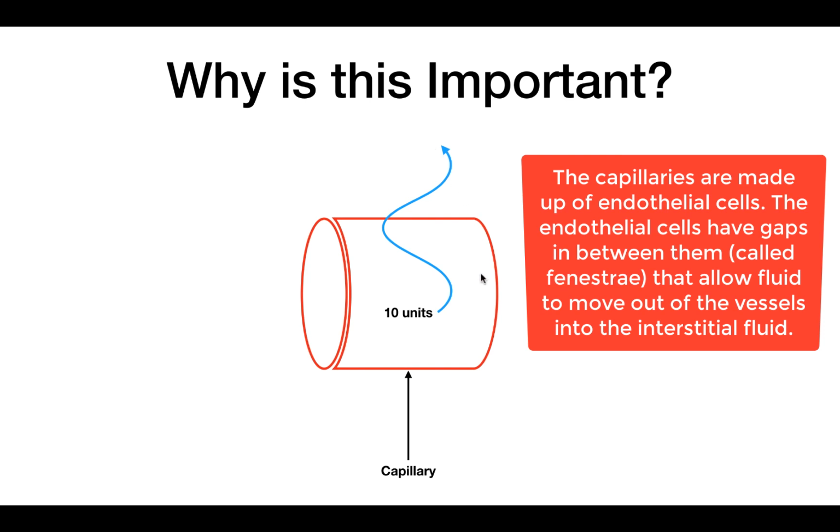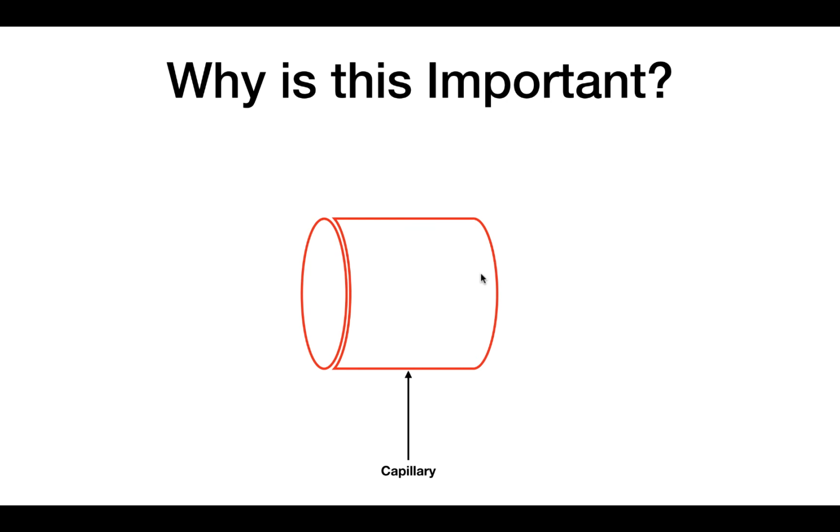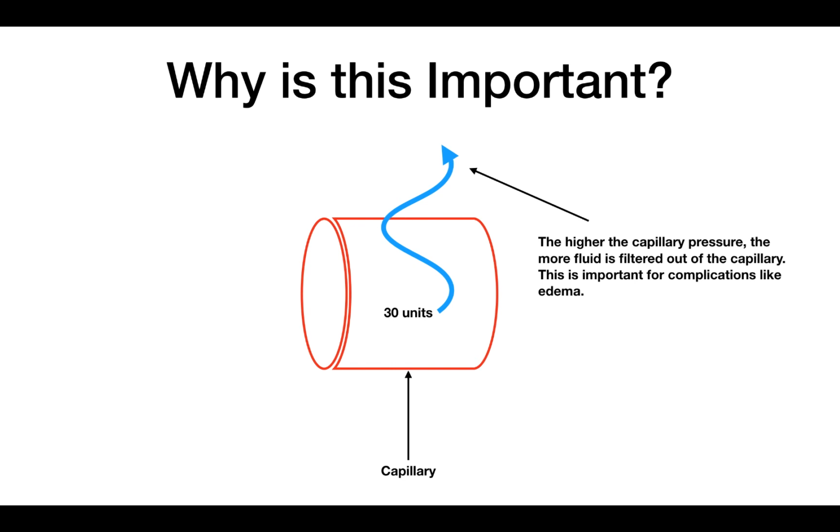So what if we were to increase the pressure? If we were to increase the pressure inside the capillary to maybe around 30 units, we increase the hydrostatic pressure inside the capillary, which would cause more fluid to filter out of the capillary into the interstitium. So the reason why capillary pressure is so important is because capillary pressure determines fluid balance.